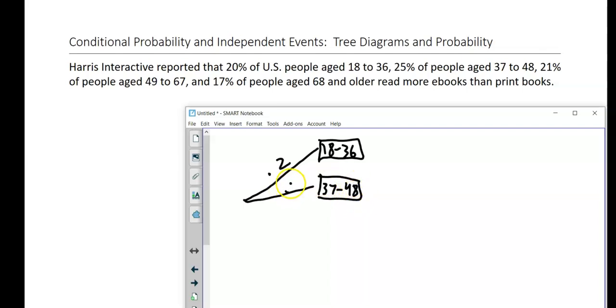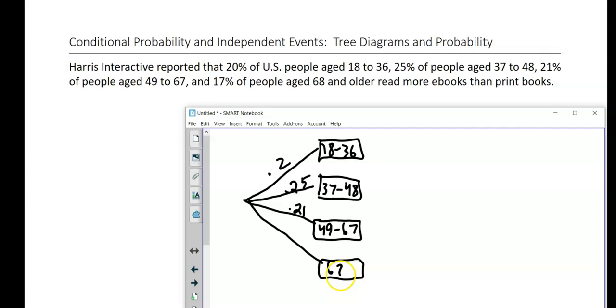That's 0.25. And then there's 49 to 67. That's 0.21. Is there more? Yeah. So they split them up into 4 groups to start with. This is 68 plus, and that's a chance of 17%.